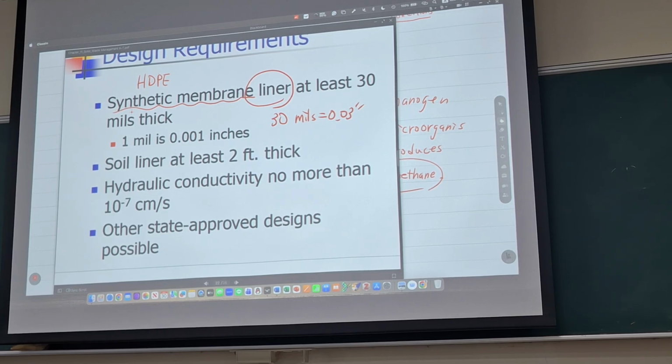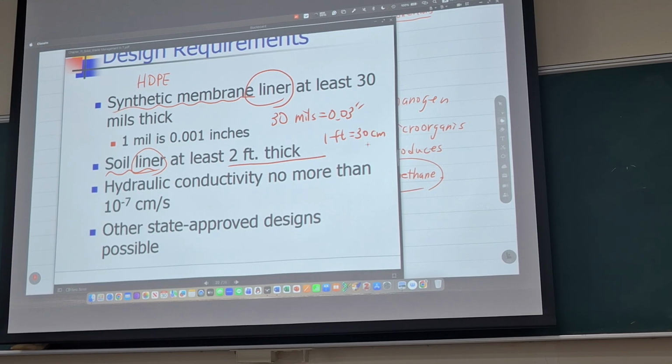And the soil liner. Okay, you need to have a soil liner. The soil liner requires at least 2 feet thick. So 1 foot is close to 30 centimeters.